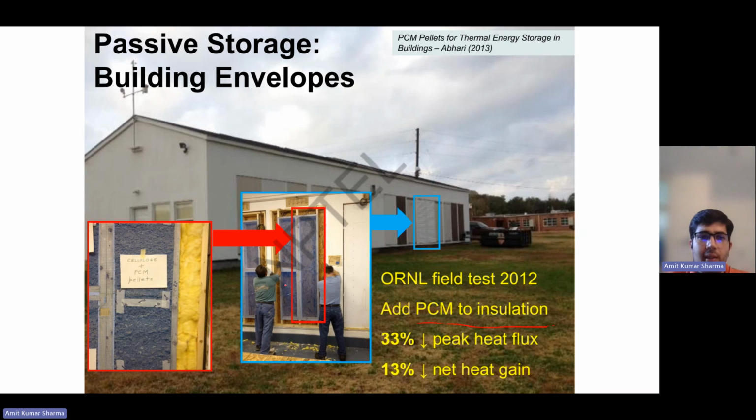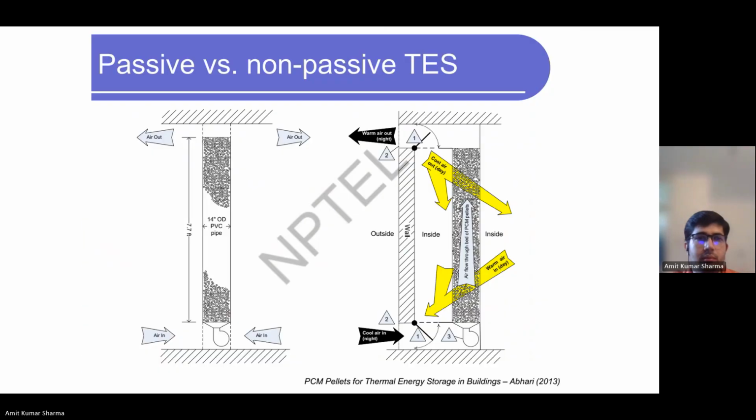So 33% less peak heat flux and 13% decrease in net heat gain. Okay. So this is again a diagram for passive versus non-passive thermal energy storage.